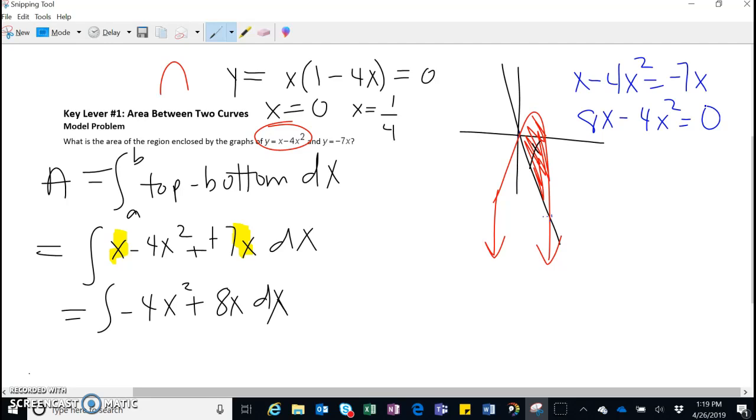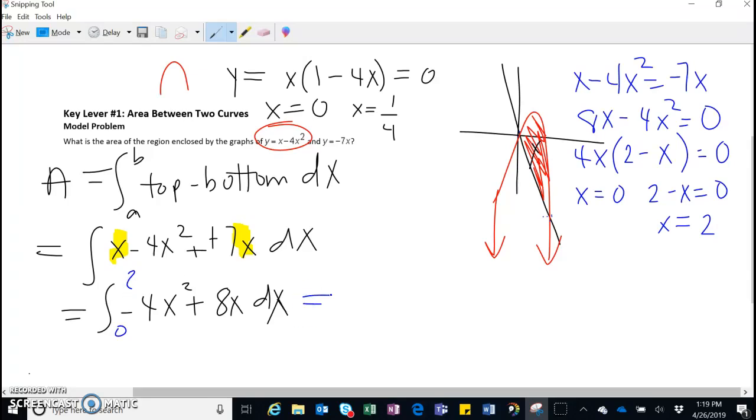That looks familiar. That's what I had over there when I combined my like terms. I can solve this by factoring out a 4x, which leaves me with 2 minus x equals 0. And this confirms that my first intersection is at 0, and it looks like the second intersection is going to be at 2. That's really helpful because now I can do the problem.